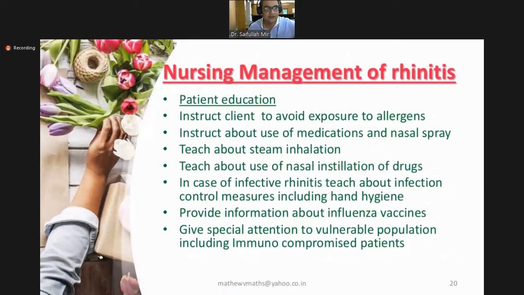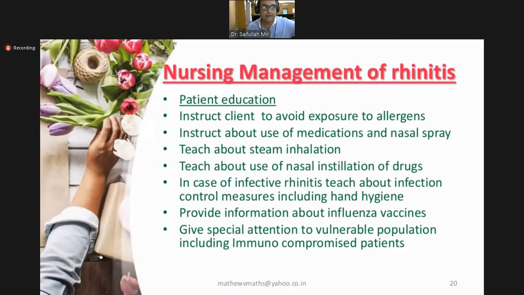First of all, you should always talk to the patient and teach them about steam inhalation, that you should not be using Vicks in your steam because it tends to irritate your sinuses.